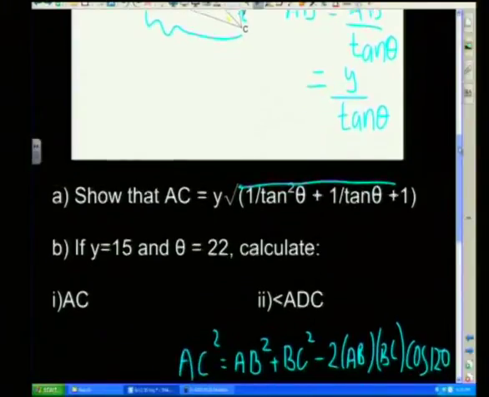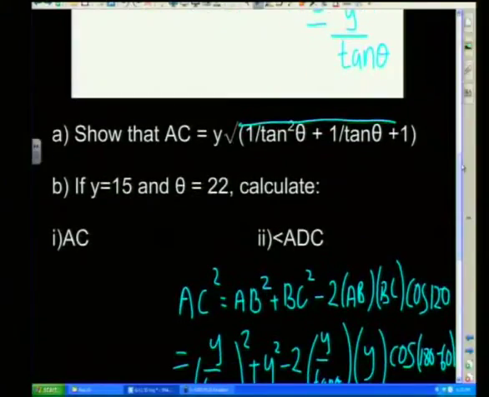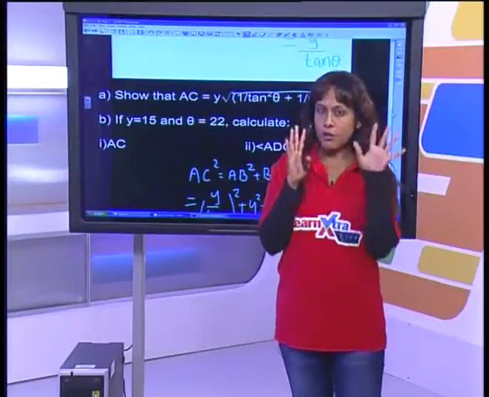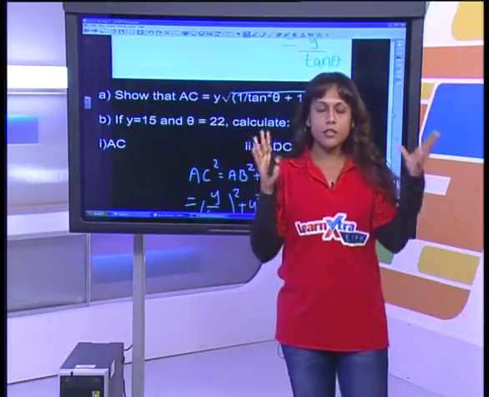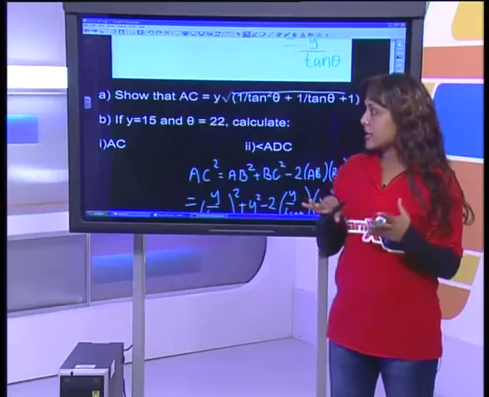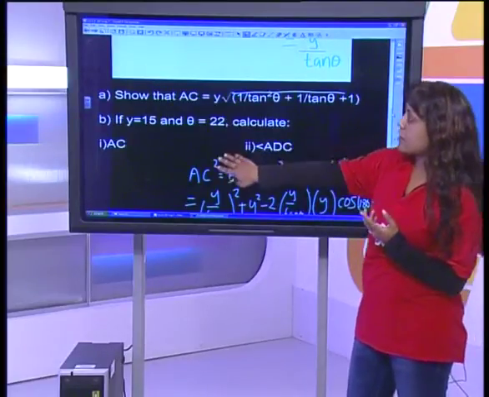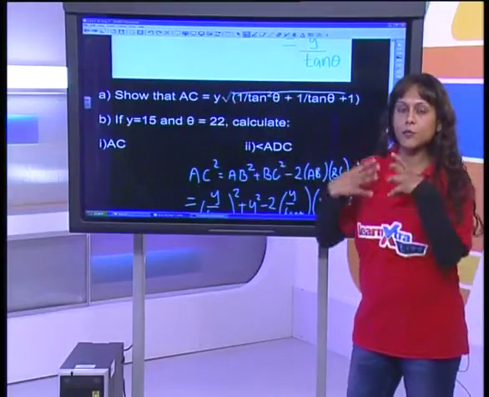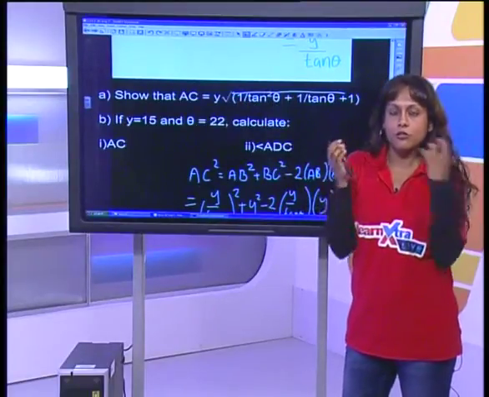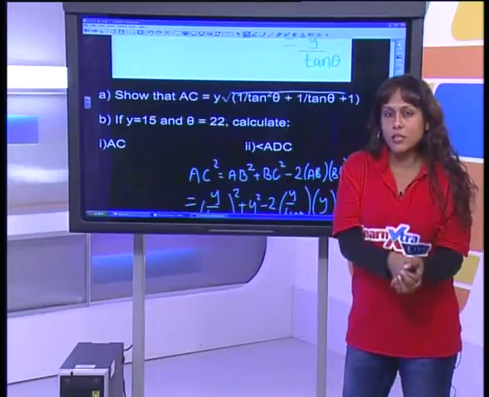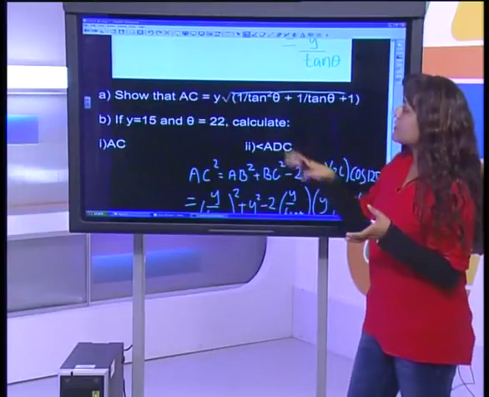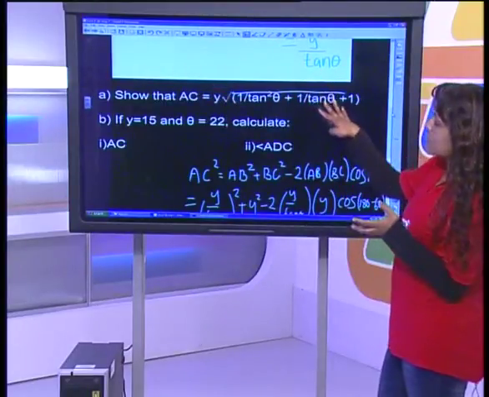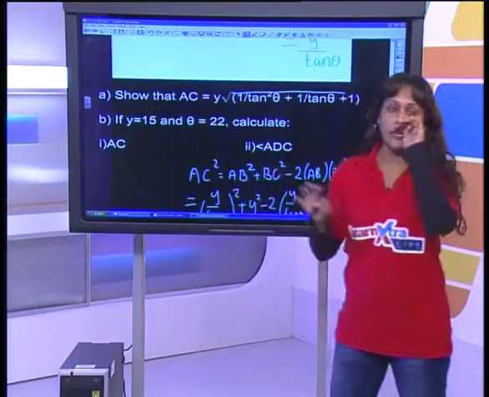Now, in a test situation, even if you couldn't show that, and you got stuck halfway, if you look at the second part, they give you values for y and theta. The first part is already given, so you know that's what the answer is supposed to be, even though you didn't get it. Just take that first part and use it to help you answer the second two.